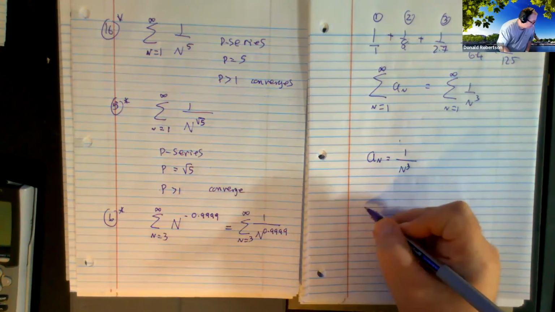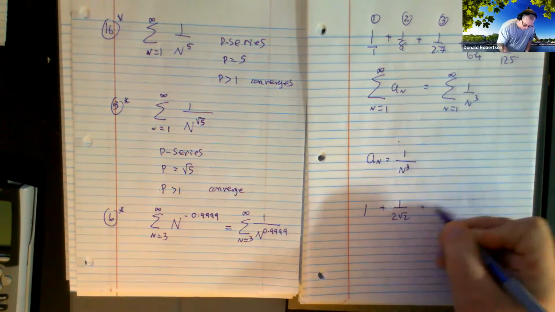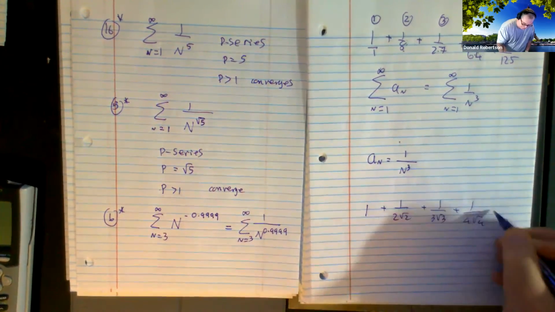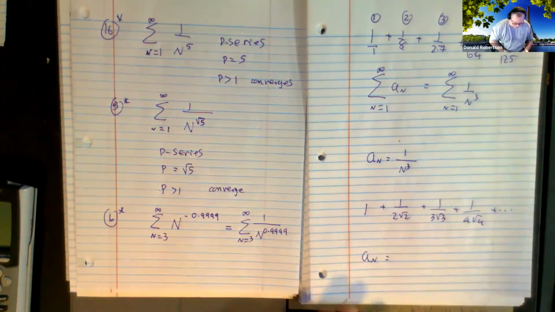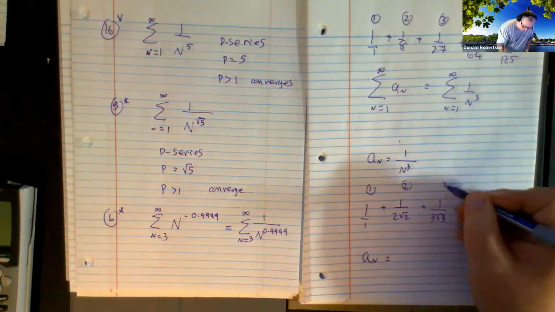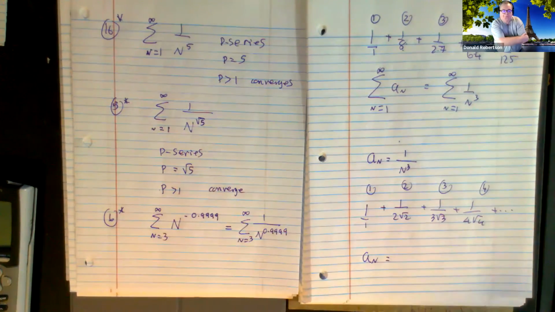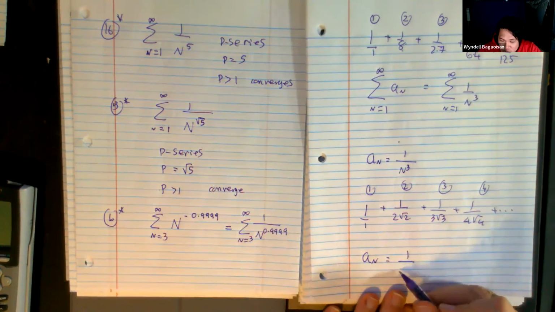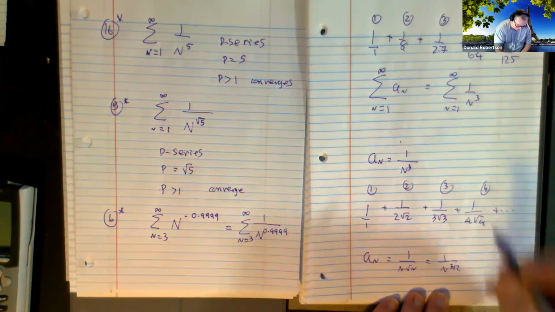What about this one then? Same problem. 1 gets you that, 2 gets you that, 3 gets you that, 4 gets you that. What does n get you? 1 over n square root of n, which I am now going to call n to the 3/2.